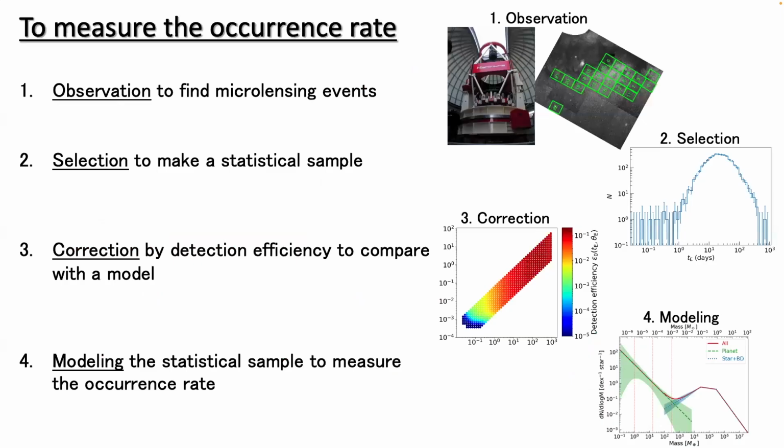Okay, so to measure the occurrence rate of a population, here is the step-by-step procedure. First, we need to observe to find microlensing events, and then we need to select microlensing events to make a statistical sample, and then we need to correct the distribution using the detection efficiency to compare with the model.